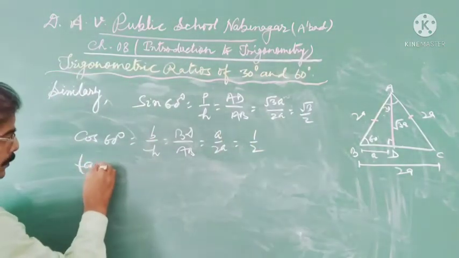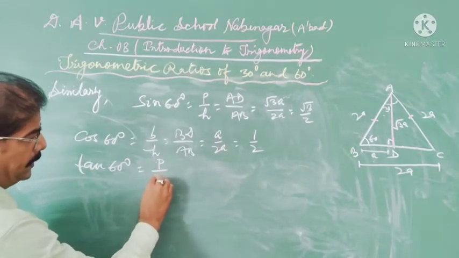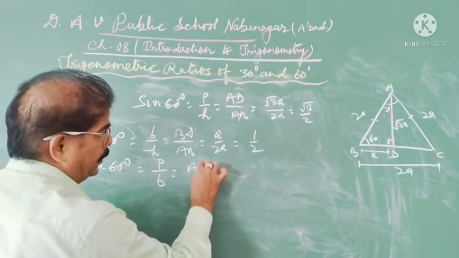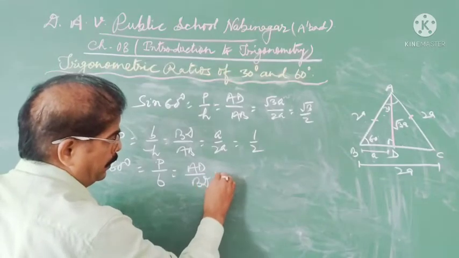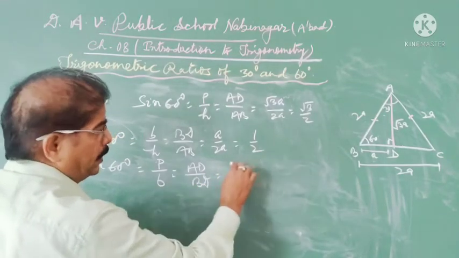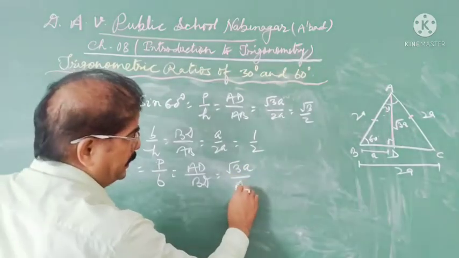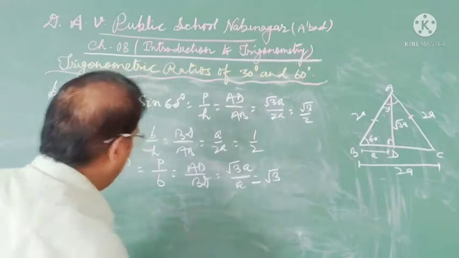Tan 60 degree is equal to P by B, and P is AD and B is BD. AD is root 3 A and BD is A, A cancels, so root 3.